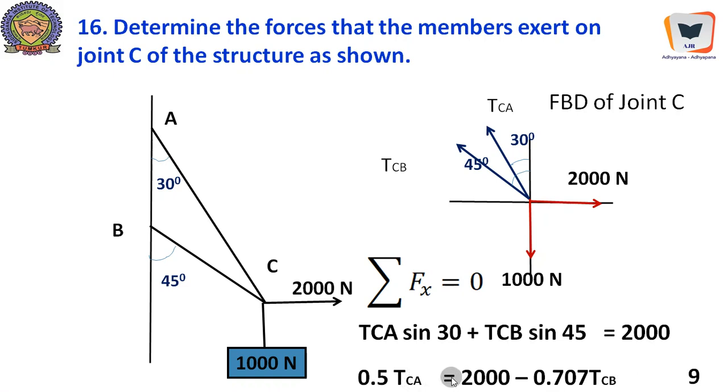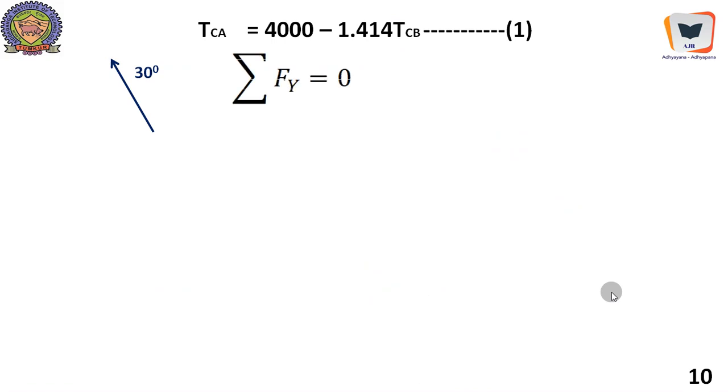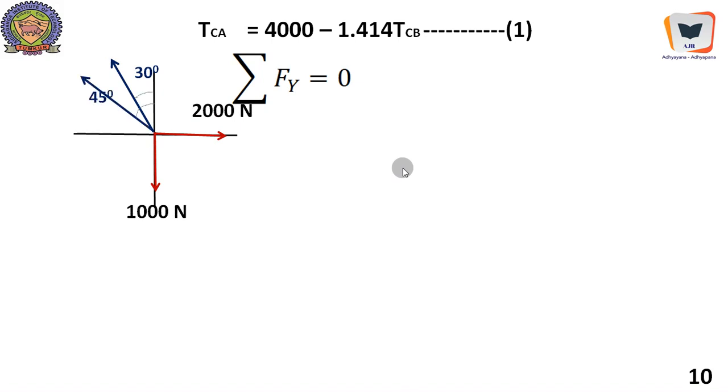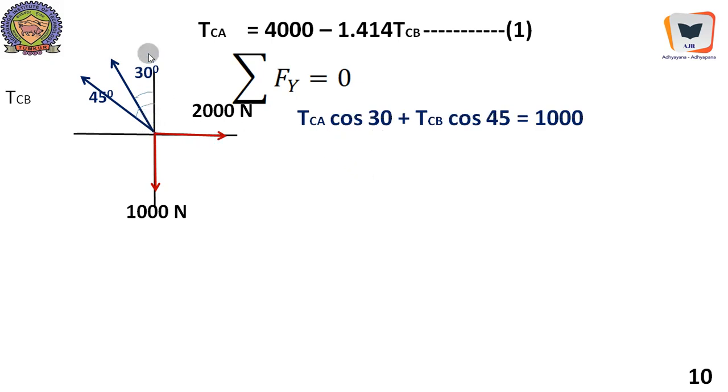Still, the problem is not solved because we are still with 2 unknowns, TCA and TCB. We will continue with the problem, and here is the relationship, and we will apply sigma Fy equal to 0 to the same free body diagram, and we will get TCA cos 30 going vertically up, positive, TCB cos 45 going vertically up, minus 1000 equal to 0.